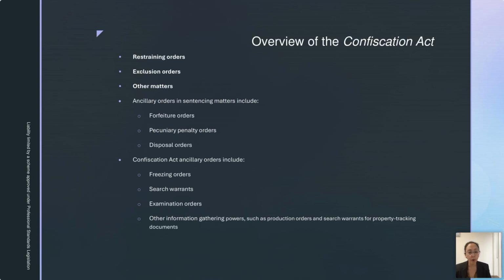So before the proceeding has even commenced and your client has been served with a restraining order, just be aware, and this is important for when you're taking instructions, that in fact the other side might already have a huge range of documents, financial documents and otherwise, against your client.